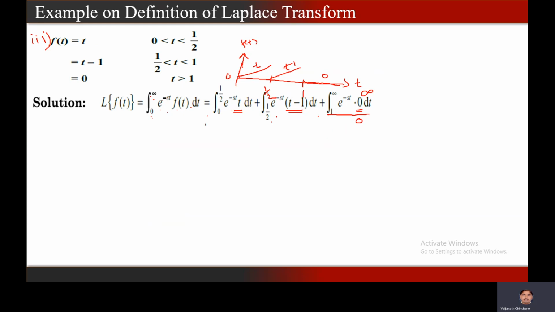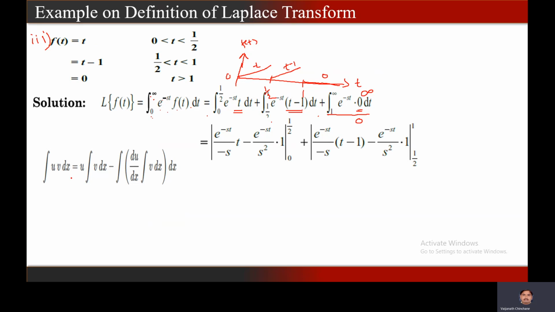So we want to find only these two integrations. Using this formula, integration u v dx is equal to u integration v dx minus integration of du by dx into integration of v dx, dx.